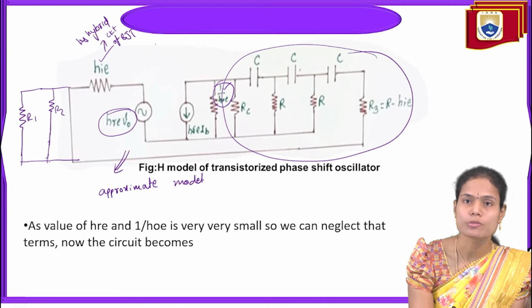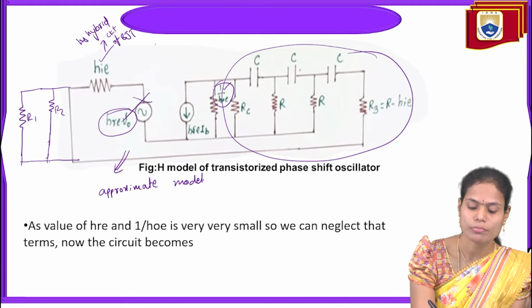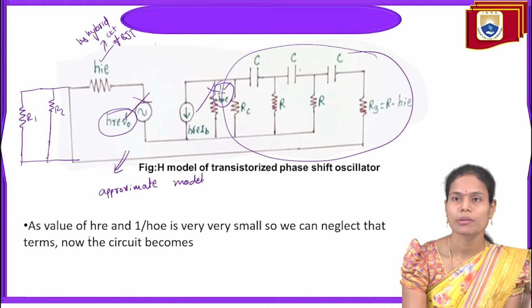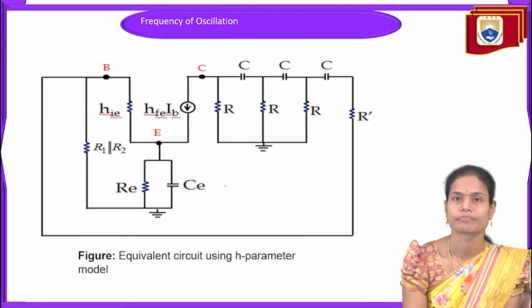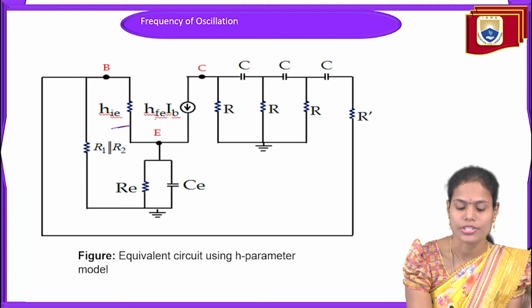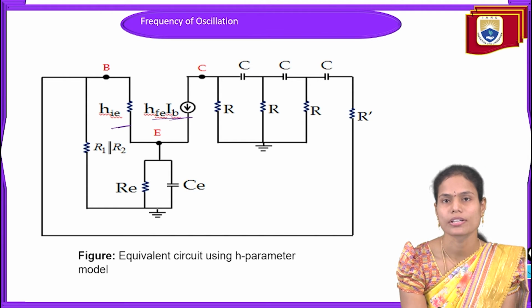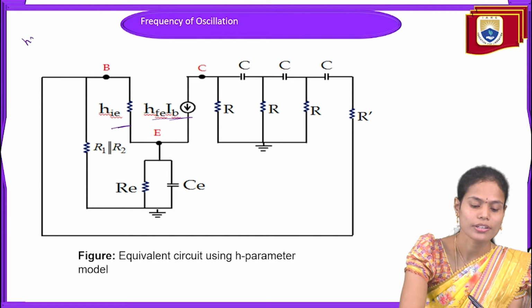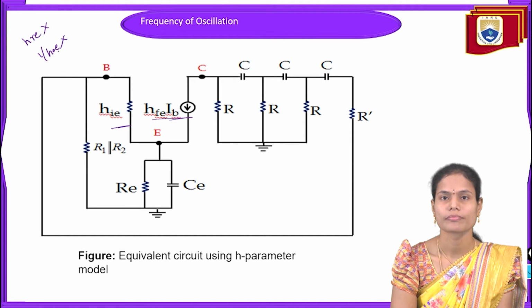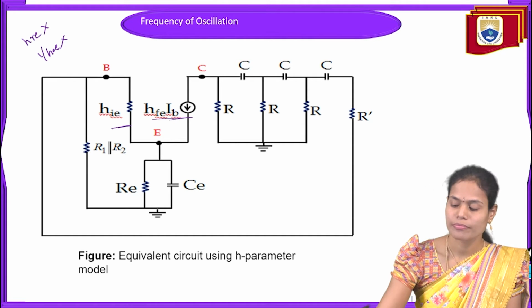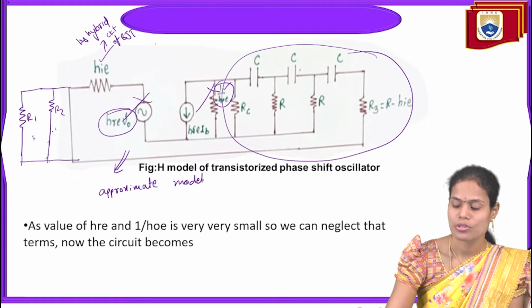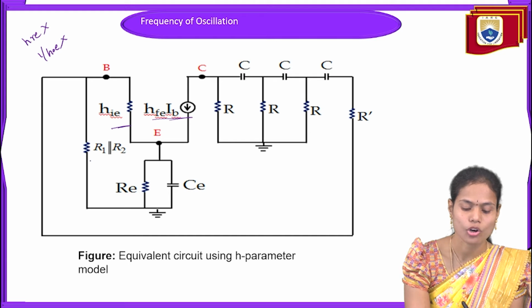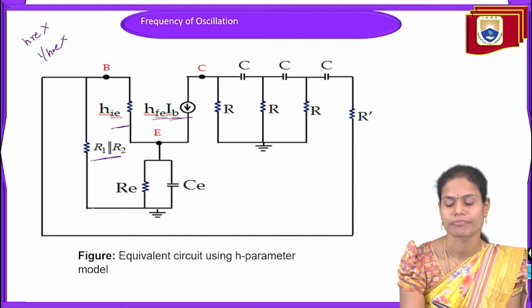In this particular circuit, we are neglecting this term as well as this term. So again, I am taking the total remaining circuit as it is: HIE as it is and HFE, IB as it is. We have neglected HRE as well as 1 by HOE terms. These resistors R1, R2 are in parallel combination, so I replaced them with a single resistor.